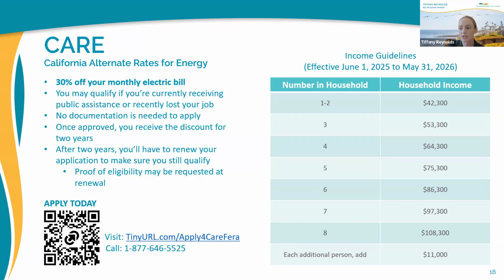So after 2 years, you'll need to renew your application and make sure your eligibility is still within the income guidelines, which you can see on the right here. If you happen to fall into one of these income guidelines, please scan the QR code or call the phone number on this screen to get signed up for CARE.